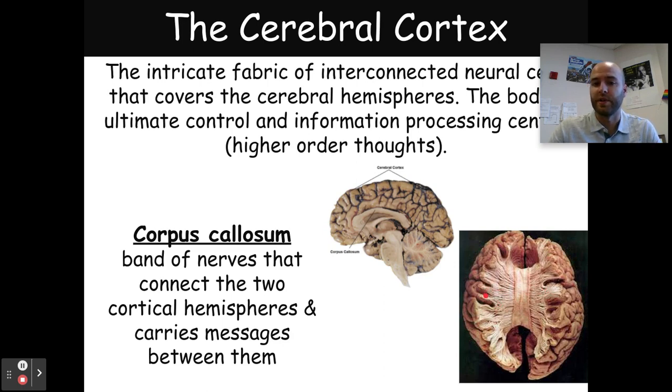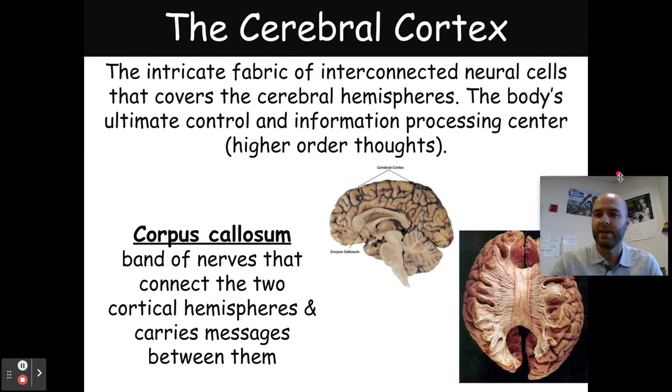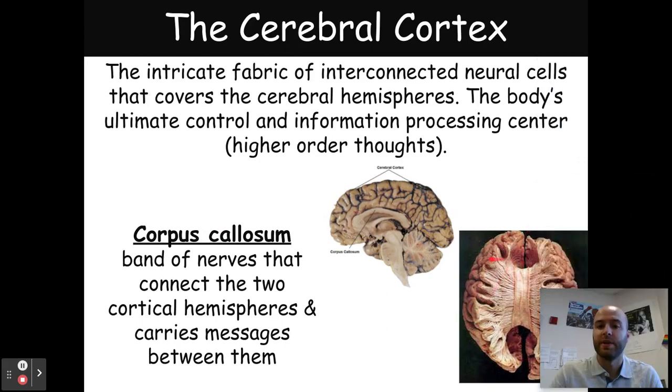So this allows the left brain and the right brain to communicate and share information and produce that higher order thought that we need to be the most intelligent species on Earth, right? And that's why our brain is structured the way it is. We'll get more into that in our next video when we talk about the hemispheres and the lobes of the brain and their responsibilities.